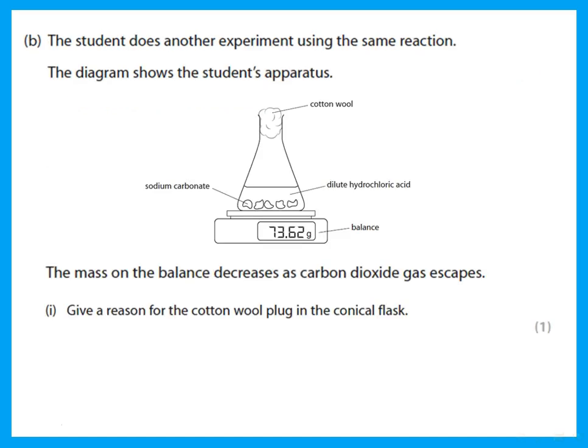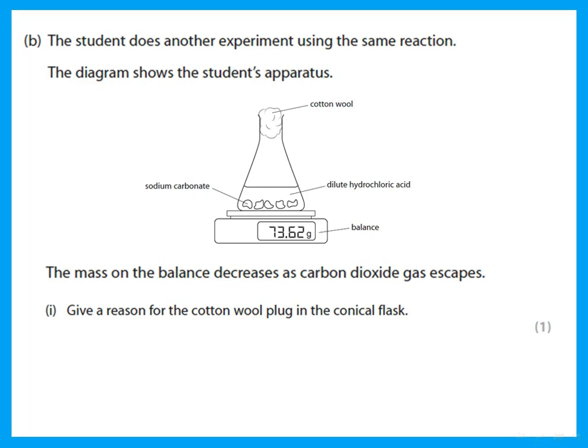The student does another experiment using the same reaction, where he puts sodium carbonate with dilute hydrochloric acid. The mass on the balance decreases because carbon dioxide gas escapes. Now give a reason for the cotton wool plug. Remember, when we do this kind of experiment, we're putting it on a balance, so we're measuring the change in mass, or the loss in mass, because the carbon dioxide escapes.